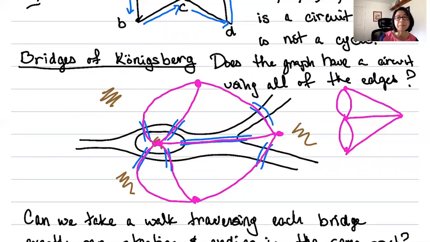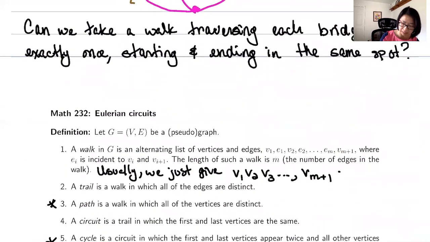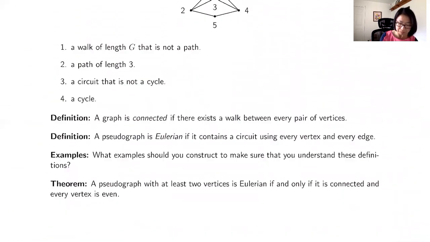And because Euler was the first person to ask a question like this, circuits like this have a special name, and you can see on our worksheet. We call a pseudograph Eulerian if it contains a circuit using every vertex and every edge, and we call such a circuit an Eulerian circuit.